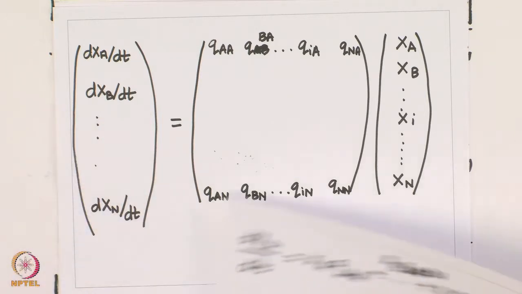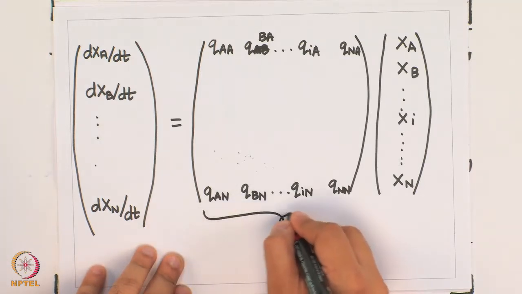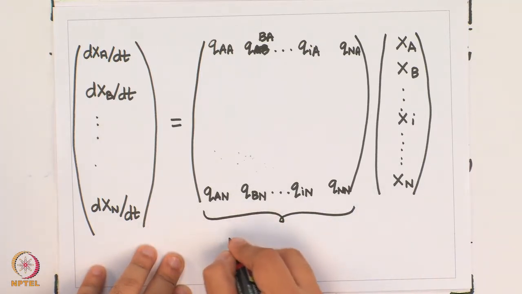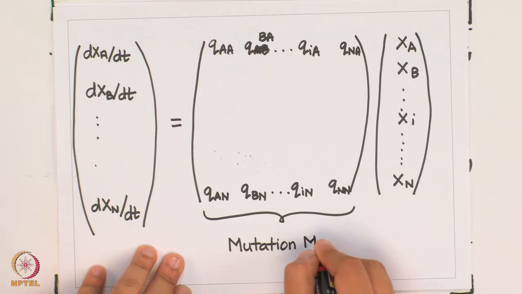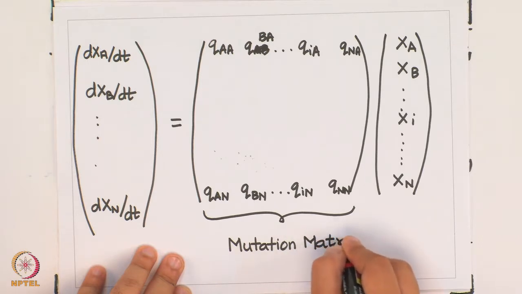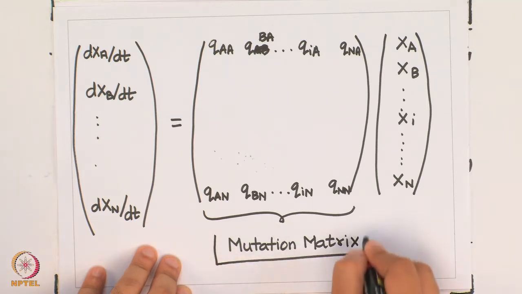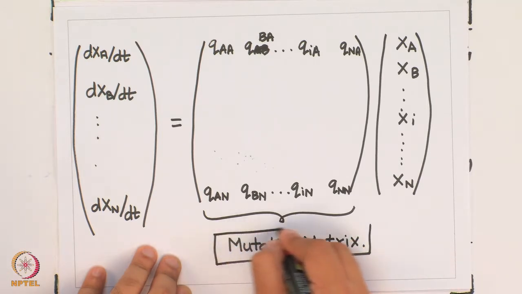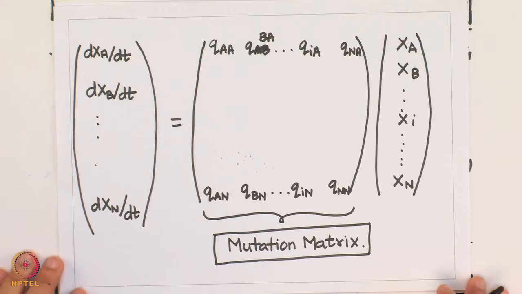So that gives me my matrix structure, and this matrix is called the mutation matrix Q. Okay, so this is my mutation matrix.